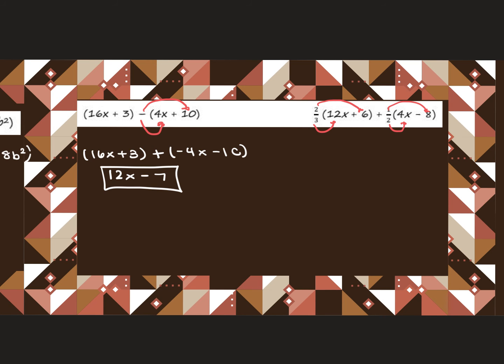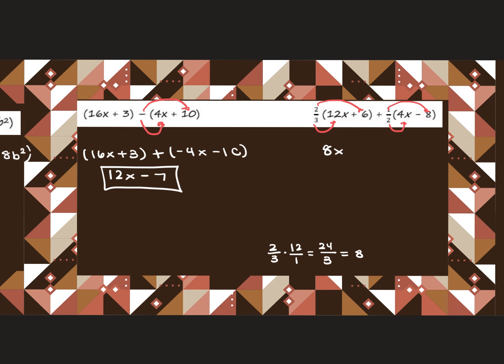So I have 2/3 times 12. Now I'm putting 12 over 1 because remember all whole numbers are fractions. They're just over 1. So I have 2 times 12, which is 24, over 3 times 1, which is 3, which gives me 8. So far here, I have 8x.